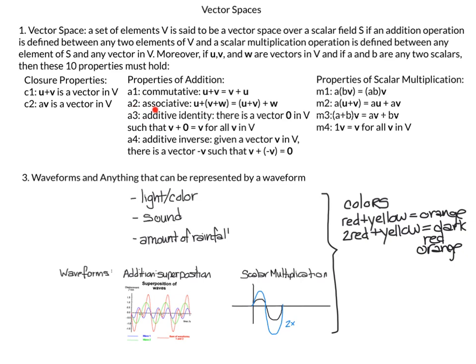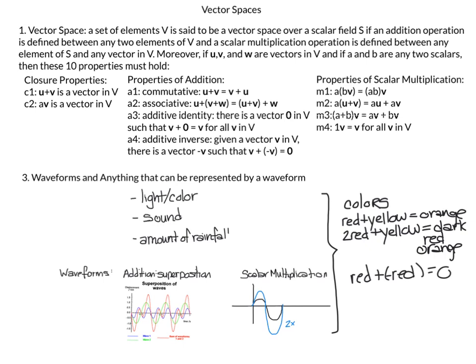The additive identity, that one's tricky. Certainly if you think of this as waveforms, just light in a wave, then that's easy because you have the 0 waveform. If you're thinking of this as paint, then you need some sort of neutral paint that you can mix in that doesn't change your colors at all. Additive inverses: again, if you think of this as waveforms, it's easier because you could say, when I add red to its negative, I'm going to get back a 0, if somehow I can subtract out red from my colors.